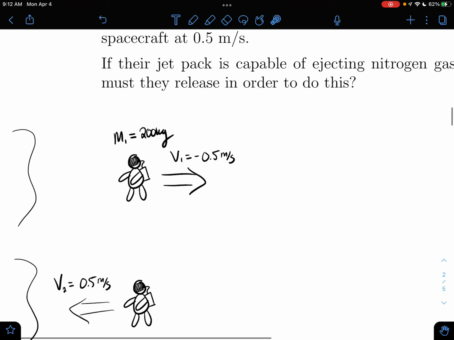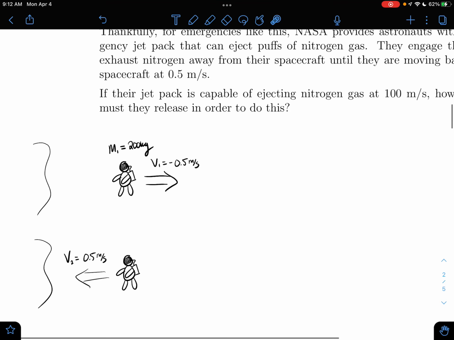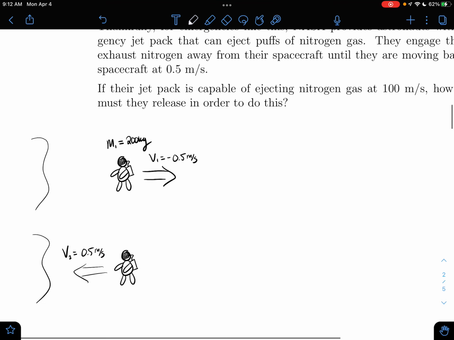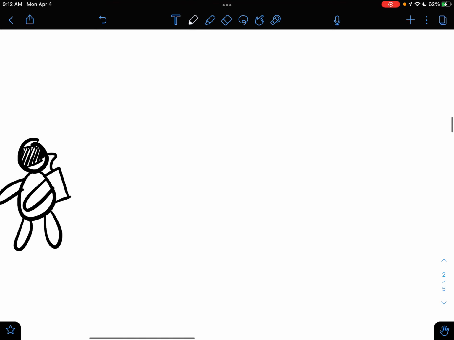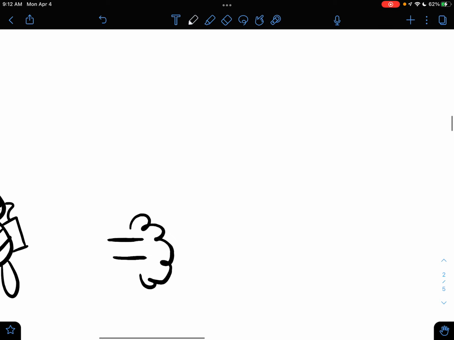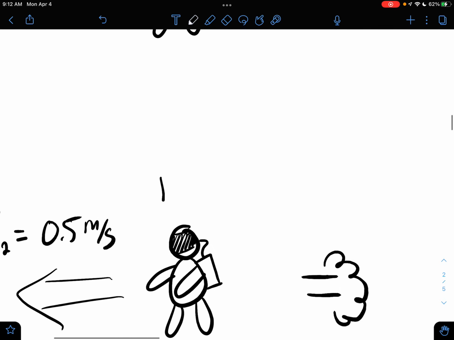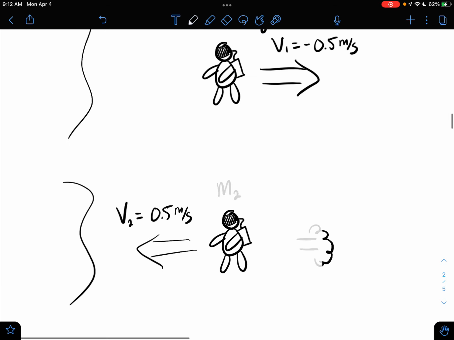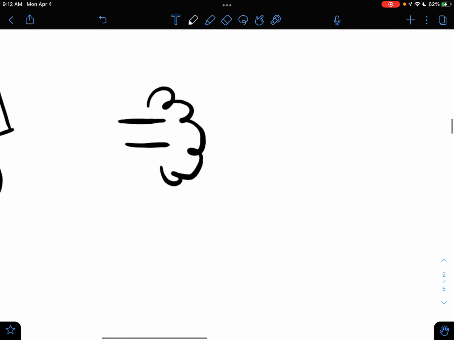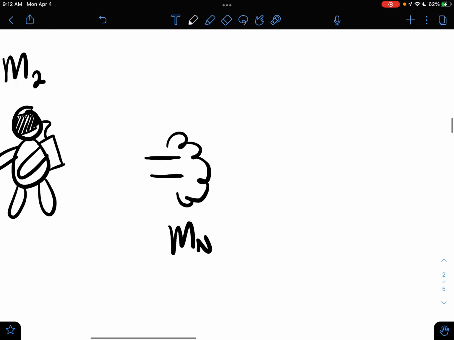But that's not the only thing that's happened. We had to have caused that change in direction somehow. So our puff of nitrogen gas is what caused it. We have some M2 of the astronaut and some Mn of the nitrogen.